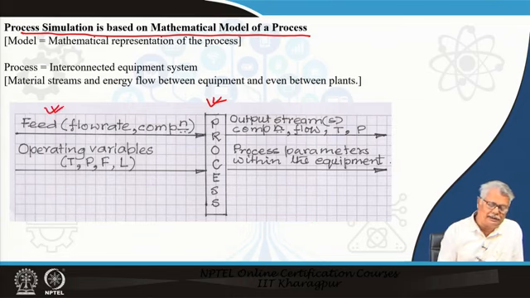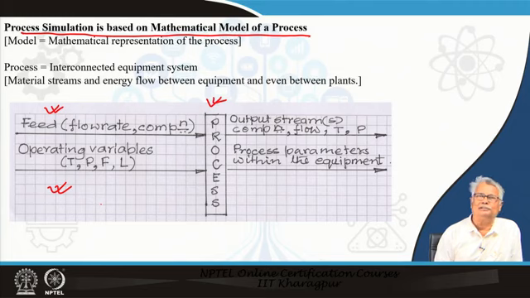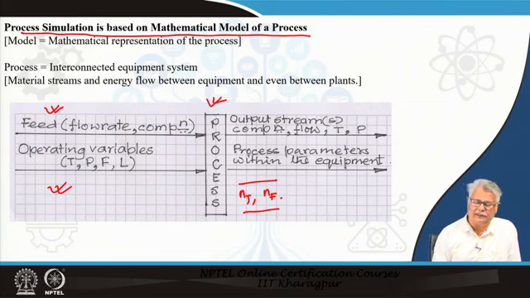You fix the feed rate, you fix the operating variables, that means the column top temperature, reflux ratio, everything is known. Your number of trays is fixed, your feed tray is fixed, and naturally your heat transfer limits, everything is fixed. That means you have your hardware specifications.